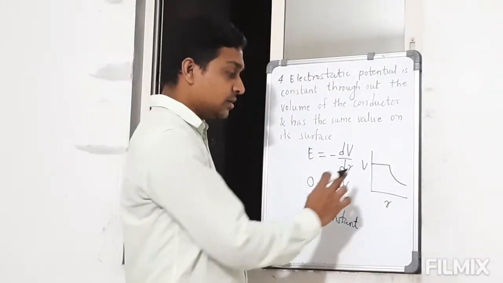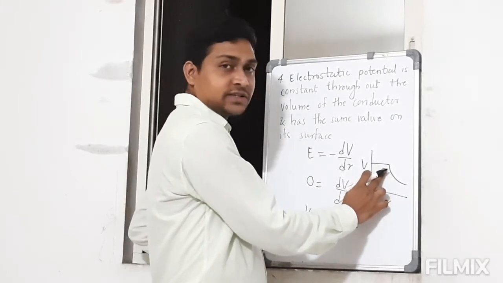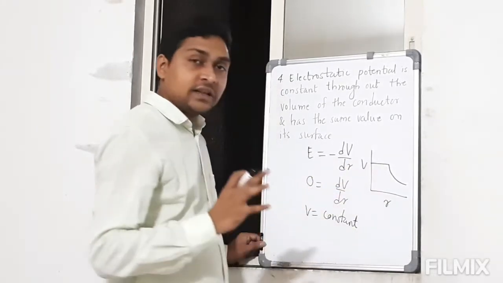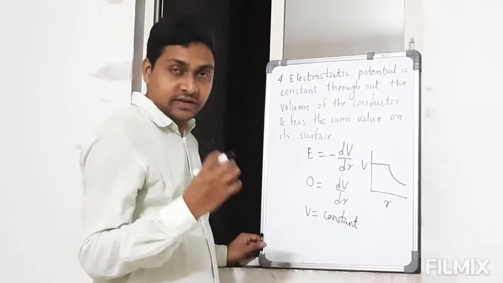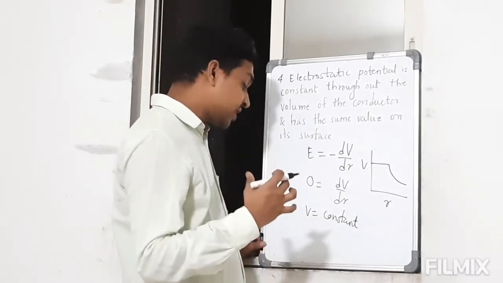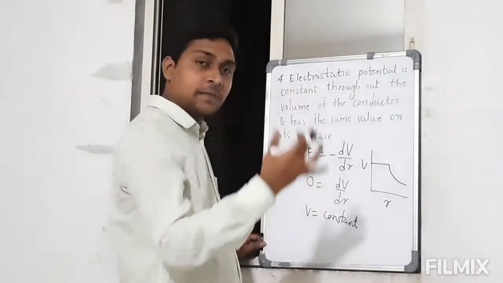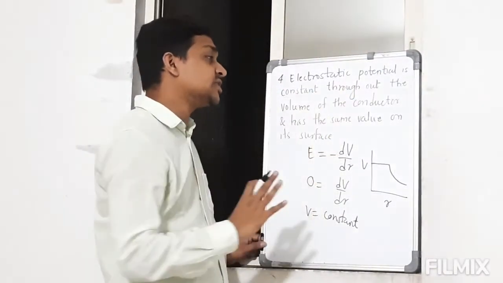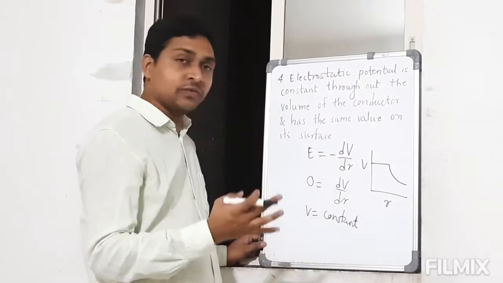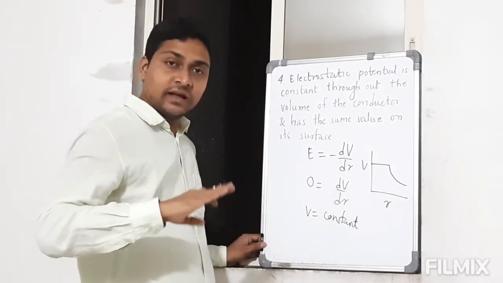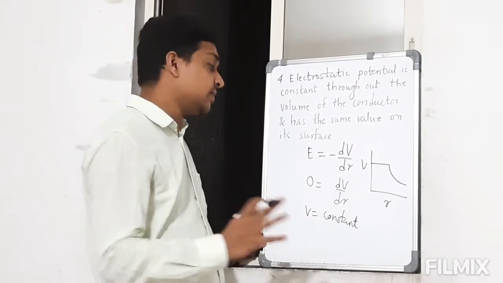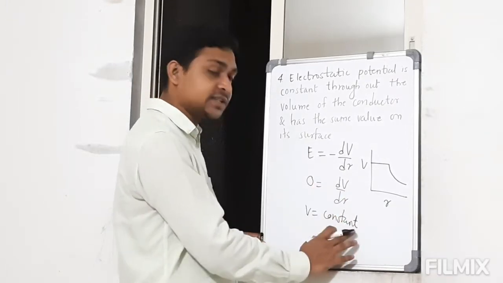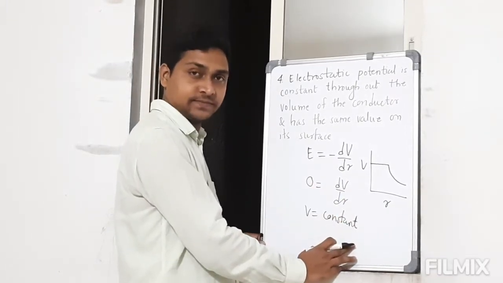Okay, so as it is constant, whatever the potential inside the conductor, the same potential will be there on the surface of a conductor. So we can easily say that electrostatic potential is constant throughout the volume of a conductor, because inside and on the surface both ways electrostatic potential always remains constant.